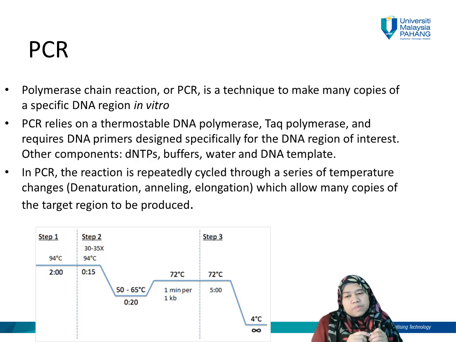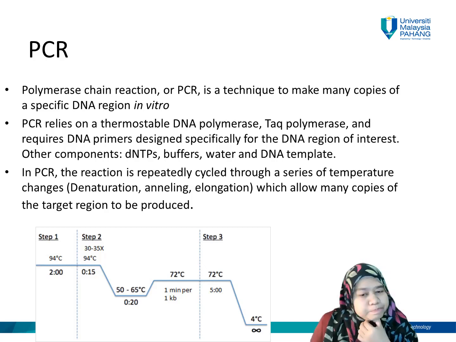Okay, step two comprises denaturation at 94 degrees, followed by the annealing step. Annealing allows the primer to bind to the DNA template, at about 50 to 65 degrees. And then followed by elongation, where copies of the DNA template are extended from the primer that you annealed to the DNA template.